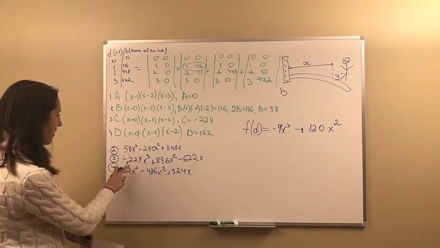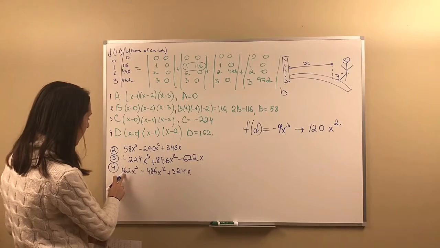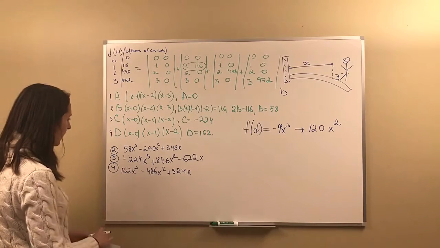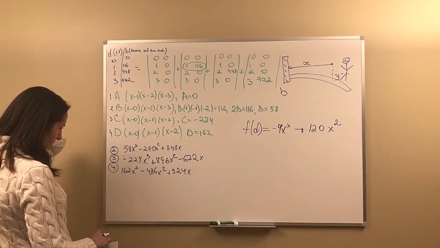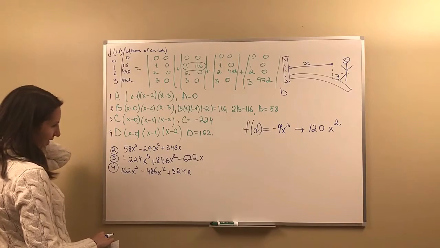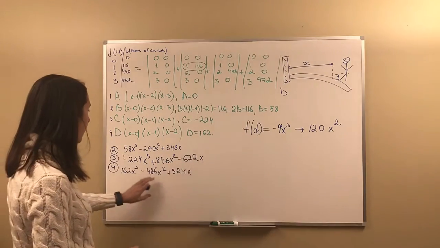So here we have negative 224 plus 162, so it gives us negative 62, negative 62 plus 58 gives us negative 4x cubed. Okay, that's good.